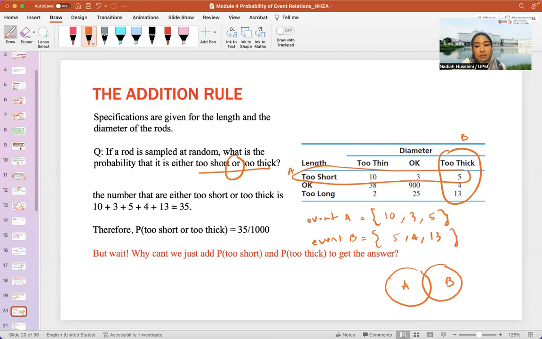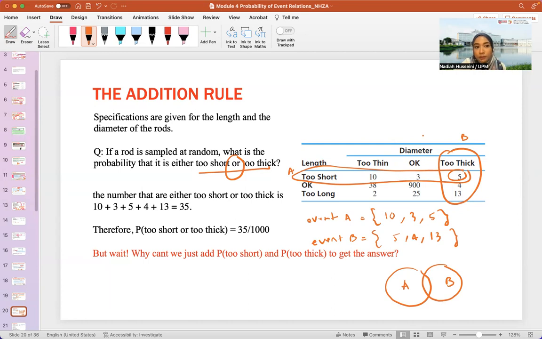My question is, what about the overlap? Event A has 5, event B also has 5. Do I put this outcome twice?